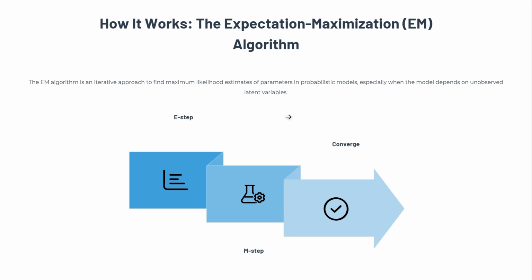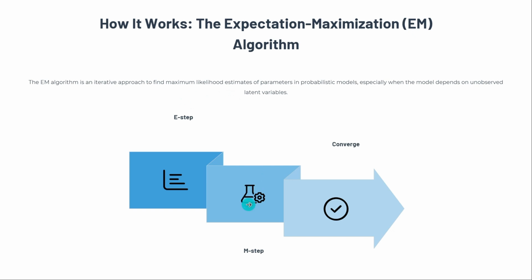So now we'll see how it works: the expectation maximization, which we call the EM algorithm. The EM algorithm is how mixture models learn. Here we have two steps. The first step is the E step, which, based on current guesses, estimates how likely each point is to belong to each group.